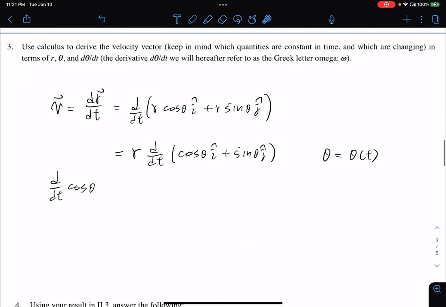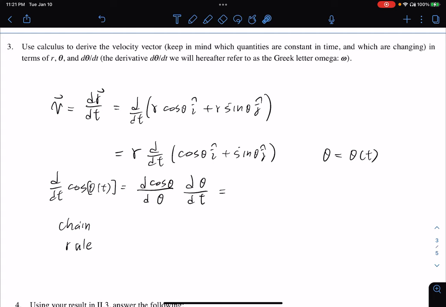So when we take the derivative, we can see that this angle is a function of time, and when you differentiate a function inside a function, you need to use the chain rule. We first take the derivative with respect to whatever is inside the function, and then multiply by the derivative of the thing inside the function with respect to t over here.